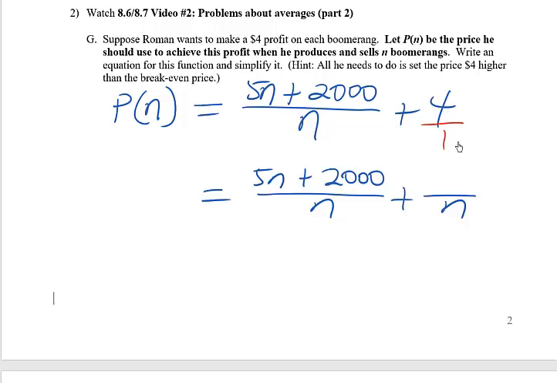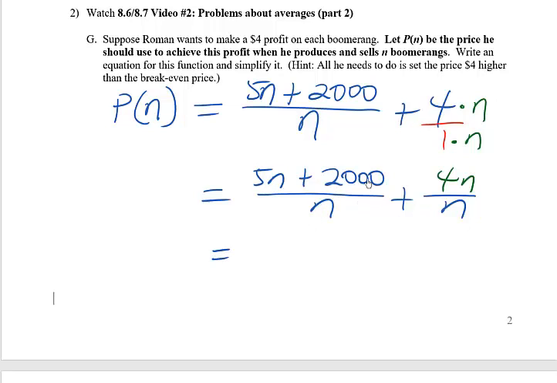It's the second one where I'm going to have to do some multiplying. To go from 1 to n is going to require me to times this guy by n, and I can do that as long as I also times the top by n. So my new numerator here would be 4n. Now I have a common denominator, so I can go ahead and I can add these two fractions.